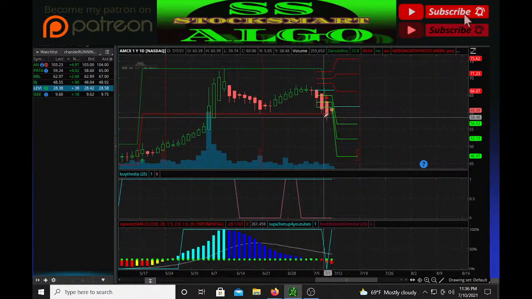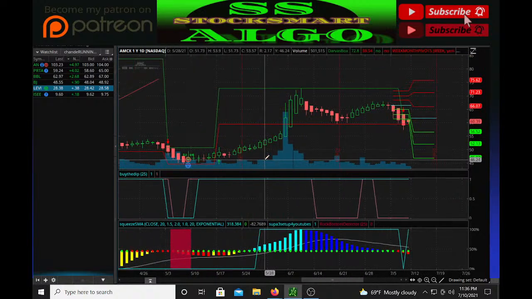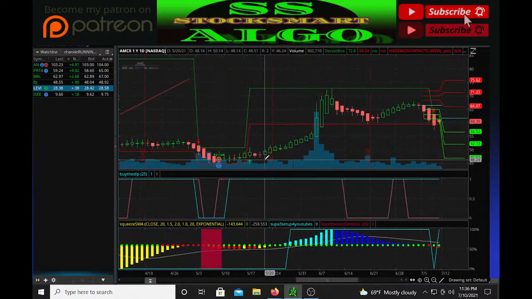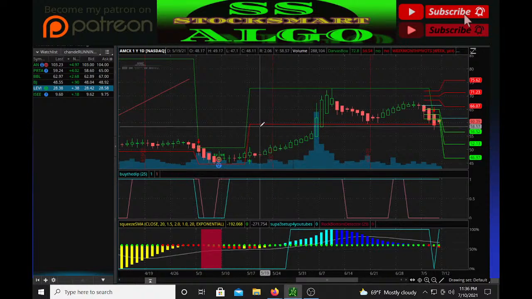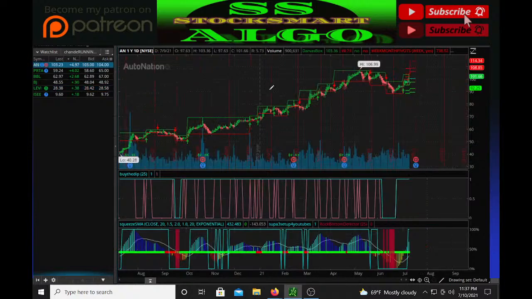And price dropping below this Darvas box is a bit interesting, but of course we look for our Darvas box entries, and that is one of the things I consistently search for on this channel: these signals right here where price is left behind by the lower support. Something I like to pay attention to.